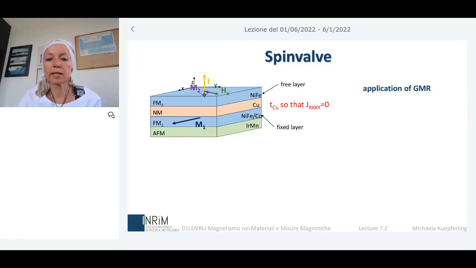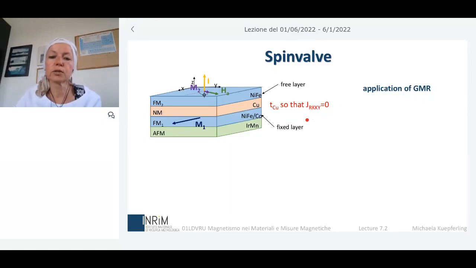fixed ferromagnetic layer. And then on the top, we have a so-called free ferromagnetic layer. But why is it free? It is free only because we are so smart to use the thickness of this non-magnetic interface layer in a way to have this so-called RKKY interaction equal to zero.